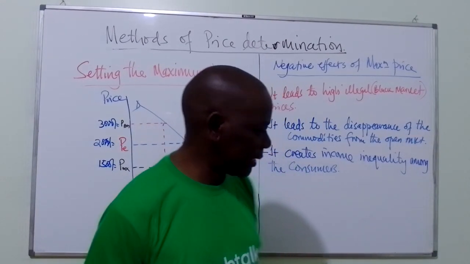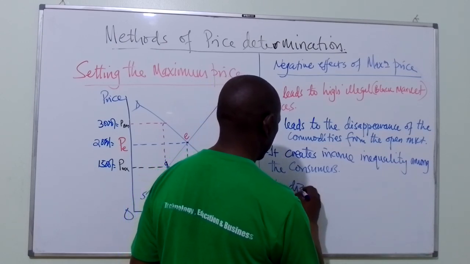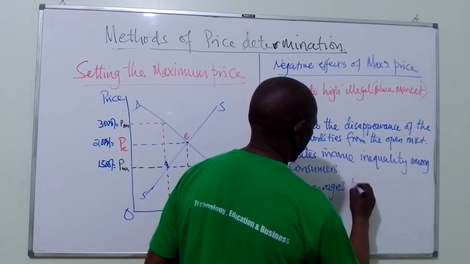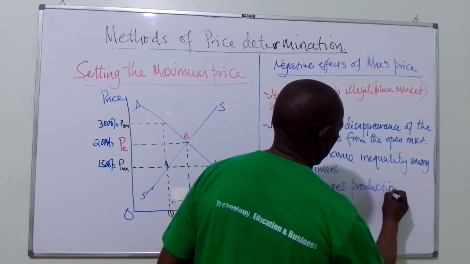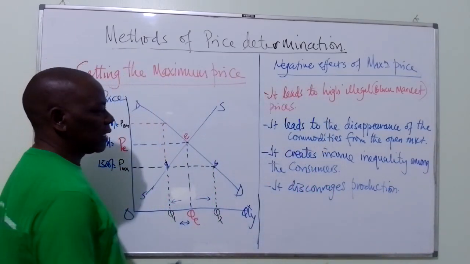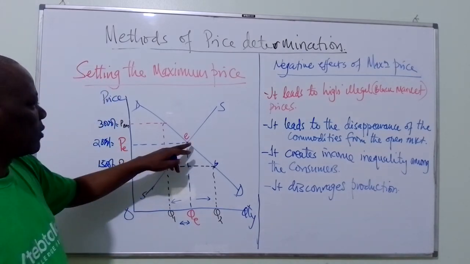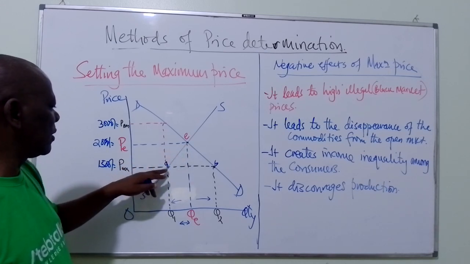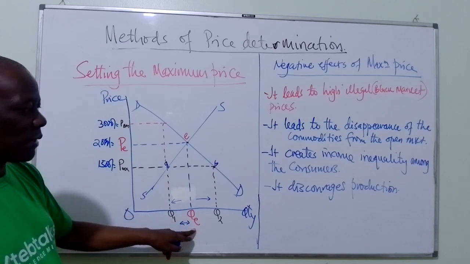Then another one is that it discourages production. How does it discourage production? These ones were willing to supply at this price; you lower the price, then that means they are going to supply less than what they have been supplying.